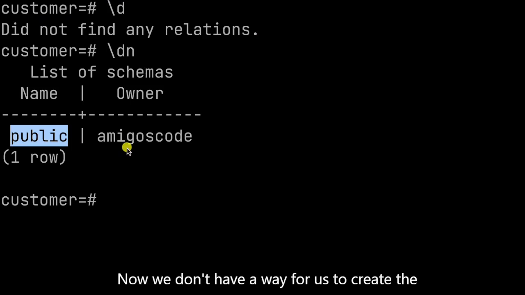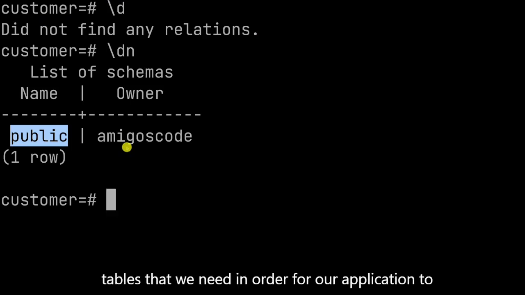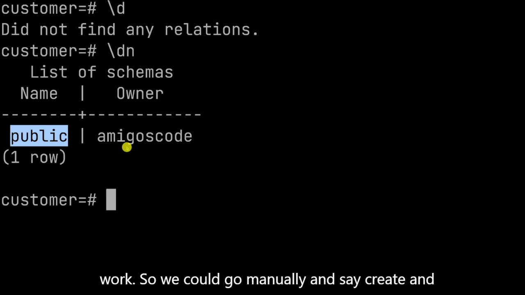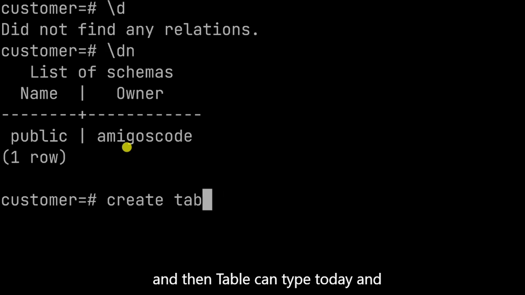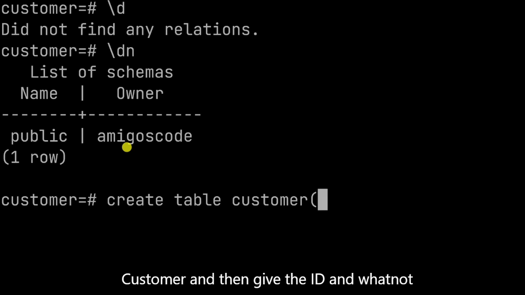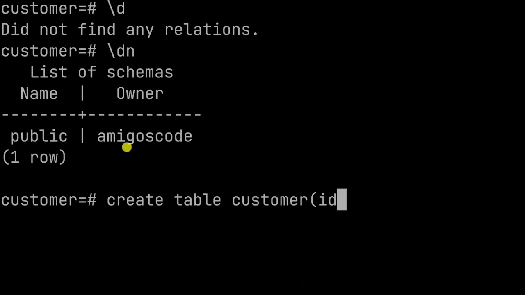Now, we don't have a way for us to create the tables that we need in order for our application to work. So we could go manually and say create and then database, or create and then table. Oops, can't type today. And customer, and then give the ID and whatnot, yada yada.